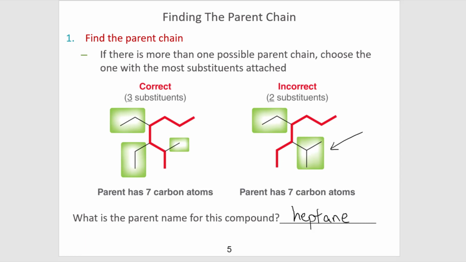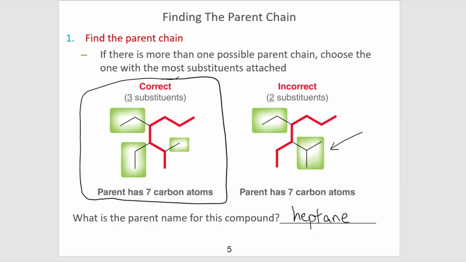So the rule of thumb is, if there are a couple different ways to trace the same number of a parent chain, choose the one that has the most number of substituents hanging off. Ultimately, trust us, it will be easier to name. So this is the way we want the parent chain to be traced. And then there's 3 substituents off of it.